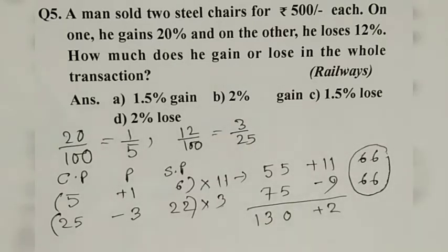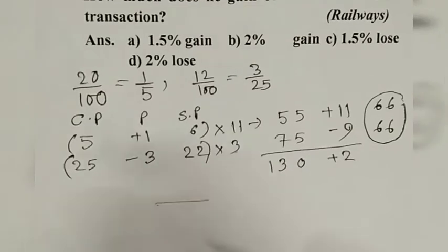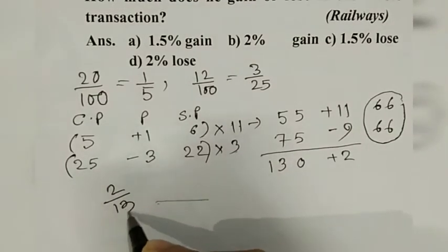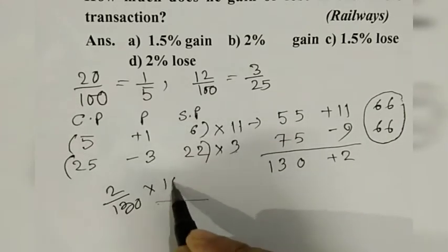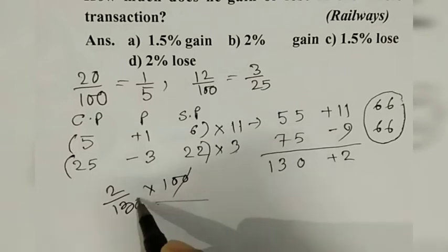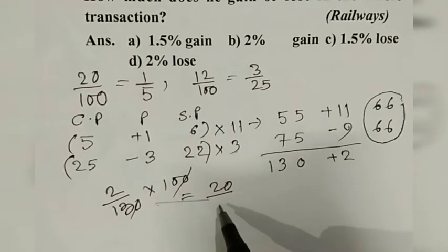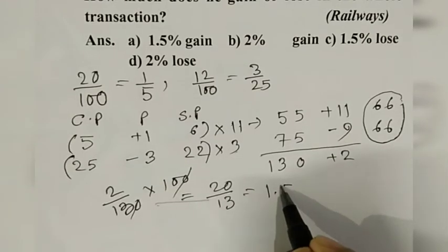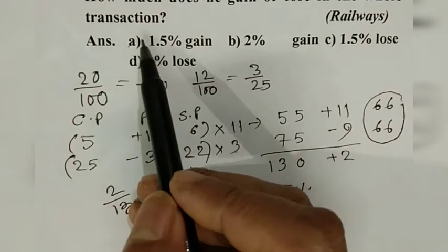He must have gained 2 by 130, 2 by cost price into 100, okay, 20 by 13 means 1.5 something. Answer is A.